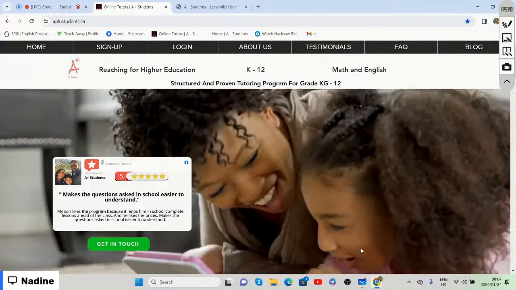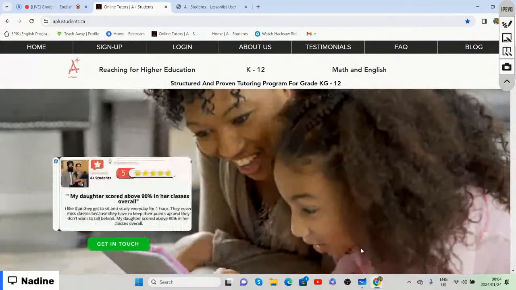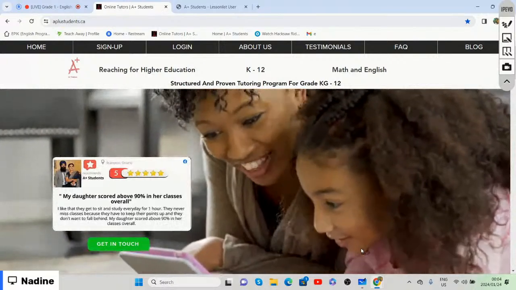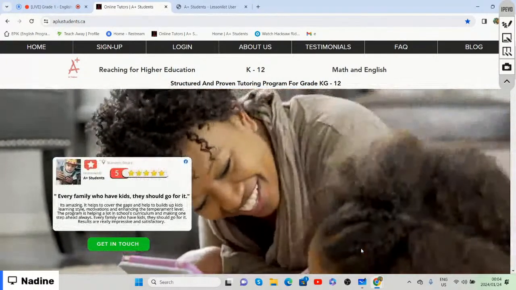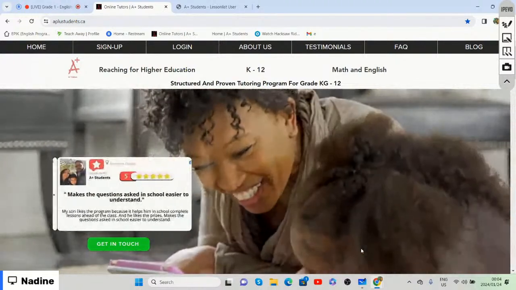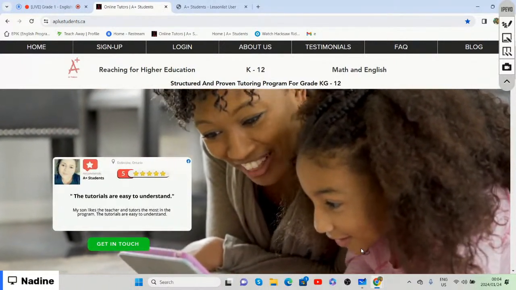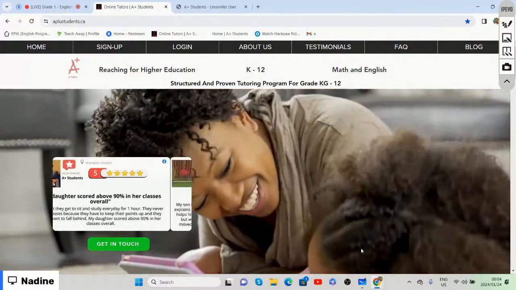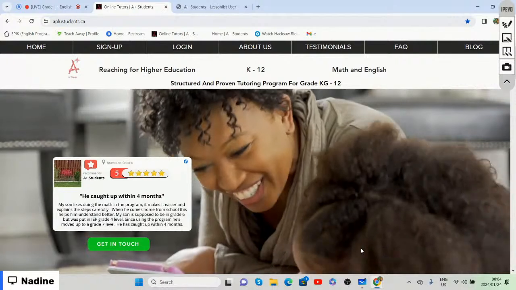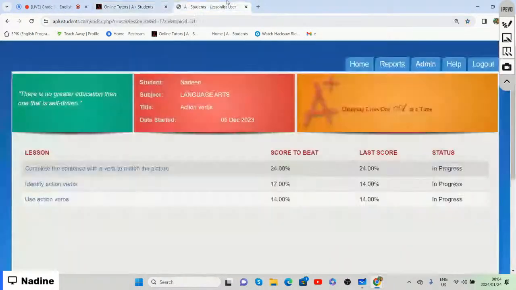Once you've logged in, you're going to select the subject of language arts, grade 1. And then you're going to scroll down until you get to the chapter of action verbs.